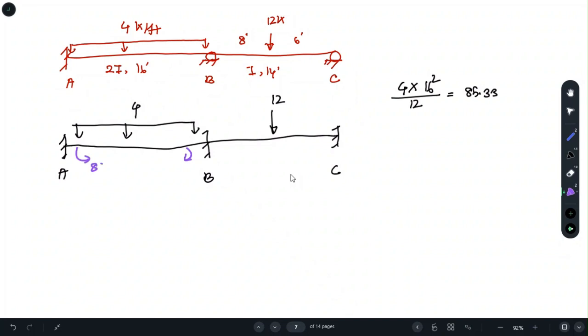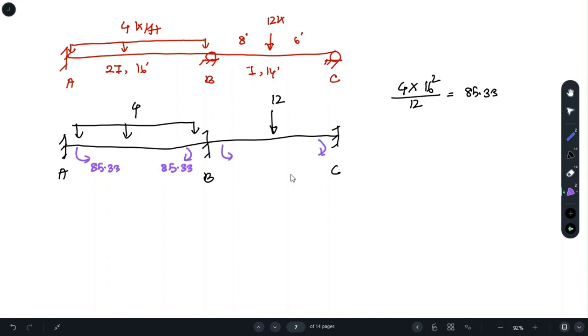So this is 85.33 feet. And for the point load here, we'll get moments here and here.